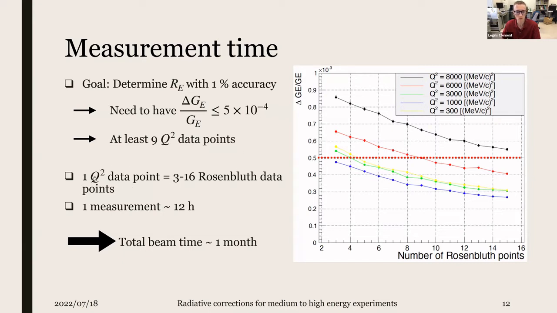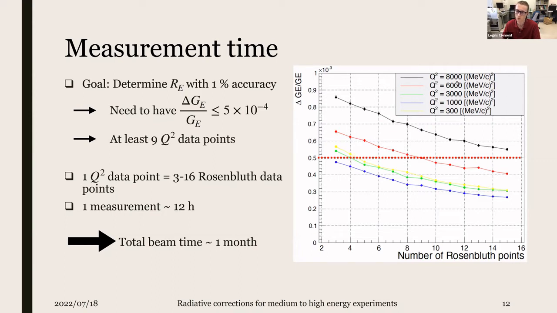To obtain 1 Q² data point, we'll need to have between 3 and 16 Rosenbluth data points. For example, at low Q², between 3 times 10 to -4 and 3 times 10 to -3 GeV over C², we'll need between 3 to 5 Rosenbluth data points to obtain the electric and magnetic form factors at this Q².